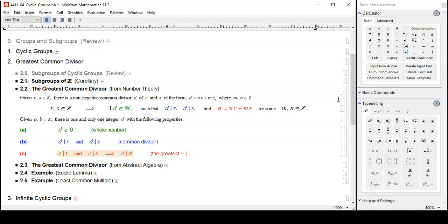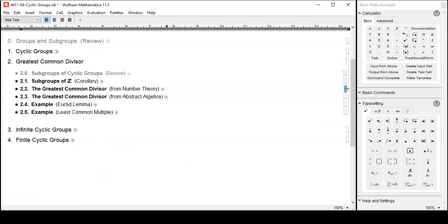Okay, all right. We have the GCD, and of course I'm not going to prove it here. The proof was covered in one of those optional videos of lesson 3. Instead, we're going to try to accomplish the same thing in abstract algebra notation using group theory.